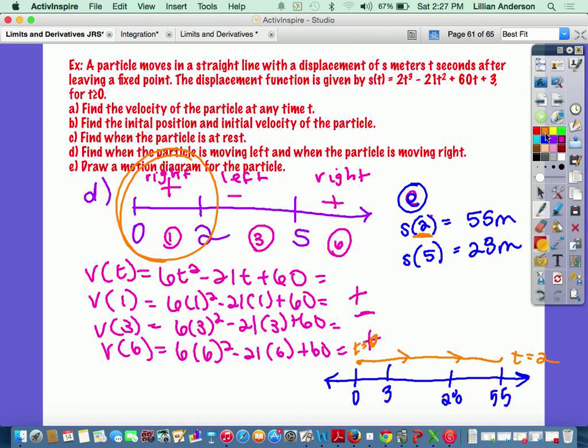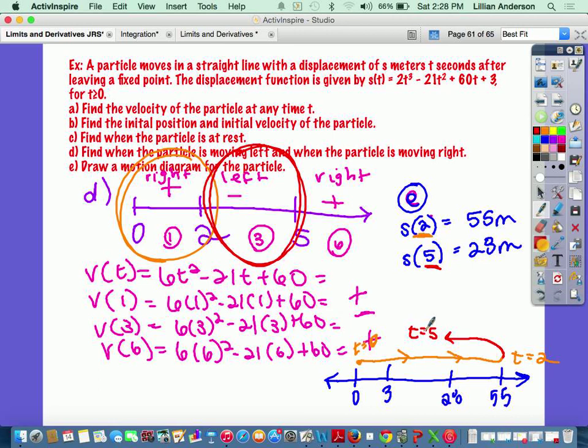Now, between 2 seconds and 5 seconds, I am moving to the left. And at the 5-second mark, I'm at 28 meters. So I need to change directions and go to the left to 28 meters until I get back to rest.